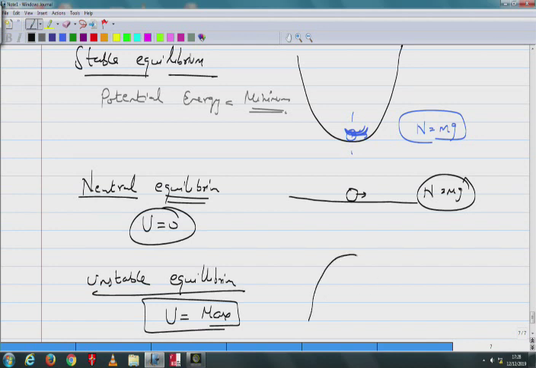For example, this kind of thing. If you have a body here, it is at equilibrium at this point of time, but if you move it slightly, the ball will roll down the inclined plane, it will not come back. So that is an example of unstable equilibrium. It is related to potential energy like this.